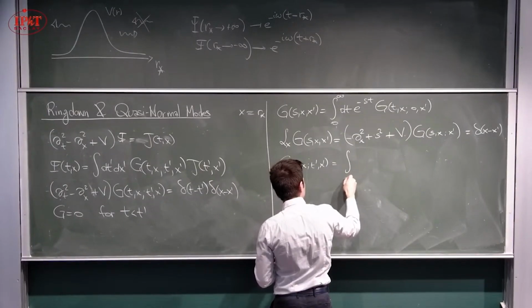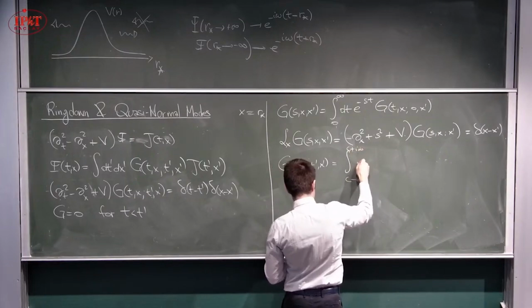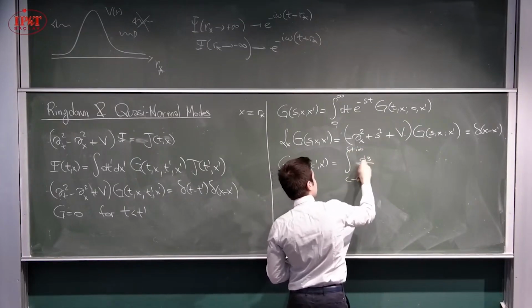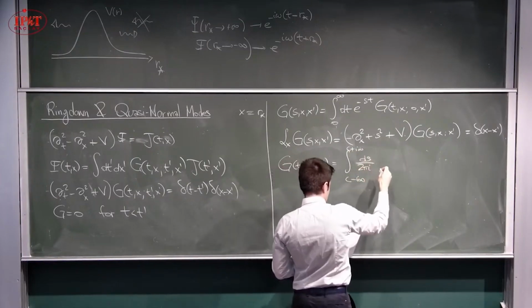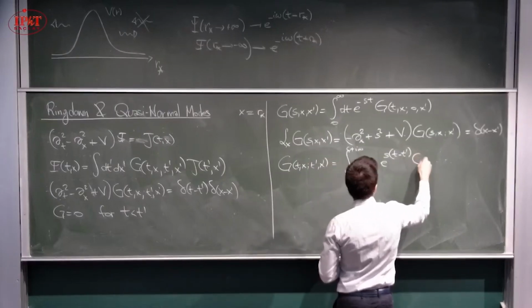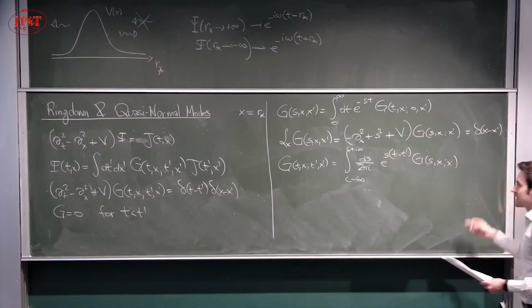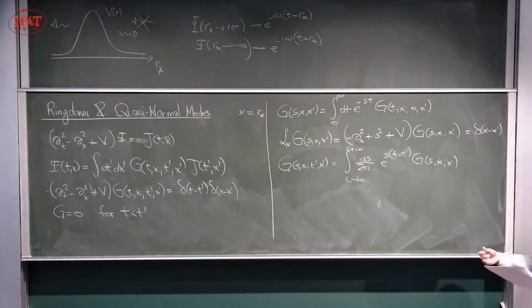It's an integral between c minus i infinity and c plus i infinity of ds over 2 pi i, e to the s (t minus t prime), times G. Okay, so this is the standard inverse Laplace transform.